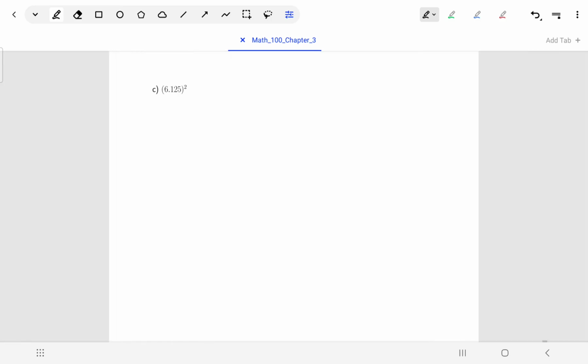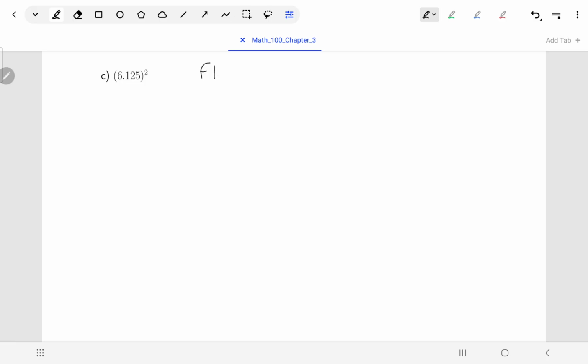Okay, one more. This one, I mean, squaring isn't that difficult, and you could do this easily enough by hand if you really felt like it. 6.125, squaring it, sure, why not? But if you wanted to be a little fast and come up with an approximation, you could say, well, if my function is the squaring function, then the derivative is 2x.